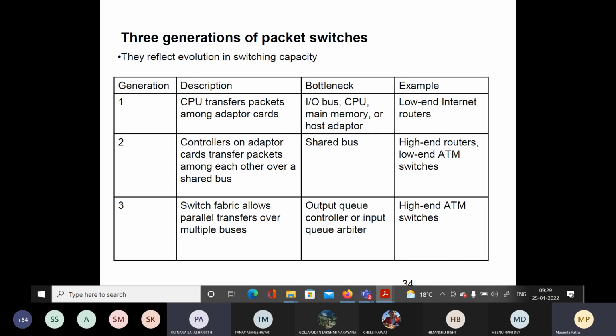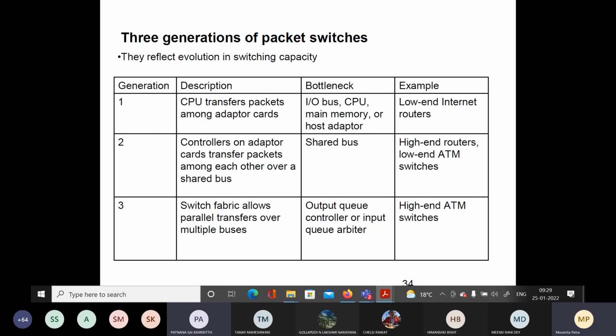When I was talking about it, I also talked about the fact that these buses, or the common mode of transfer between the different line cards and the processor, were actually different formats of the switch. So we did not get the concept of a switch before the third generation.